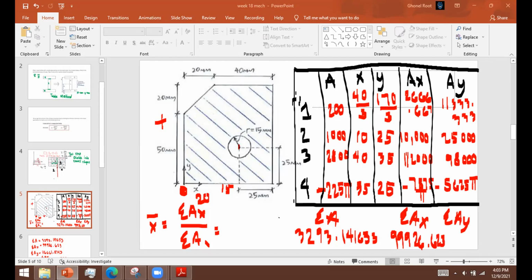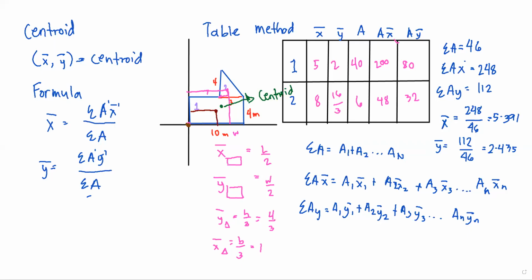Okay? So, pakita natin siya sa whiteboard. Anyway, so ayan. Let's say, okay, so draw natin.